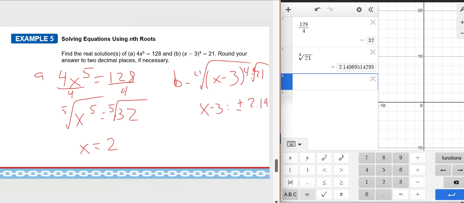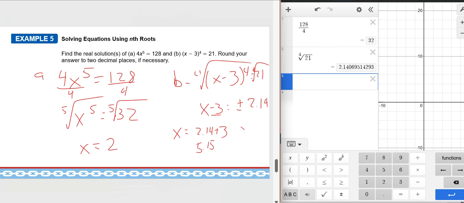Now when I go to add away this 3, it's going to split into two problems. So x equals positive 2.14 plus 3, which would be 5.14.